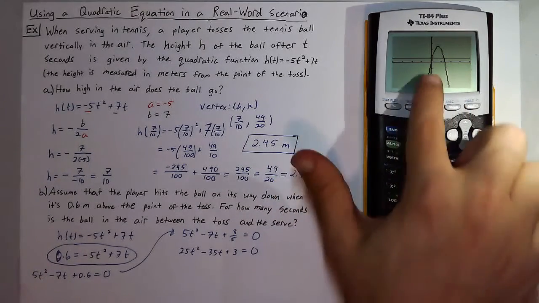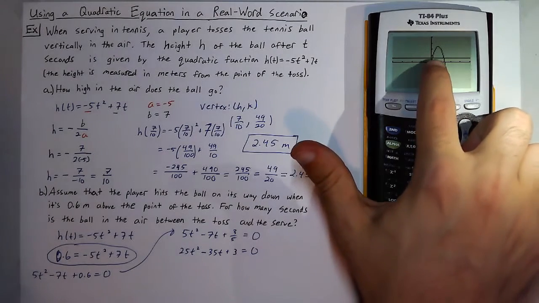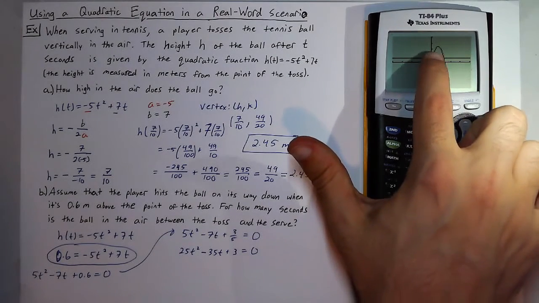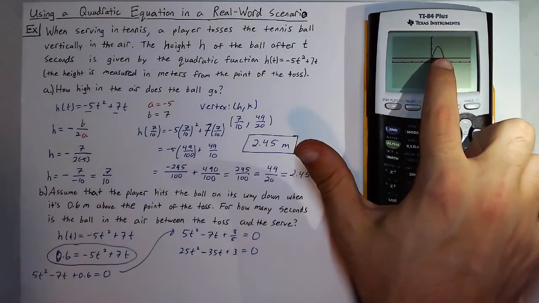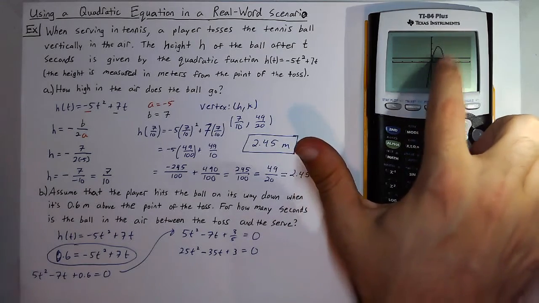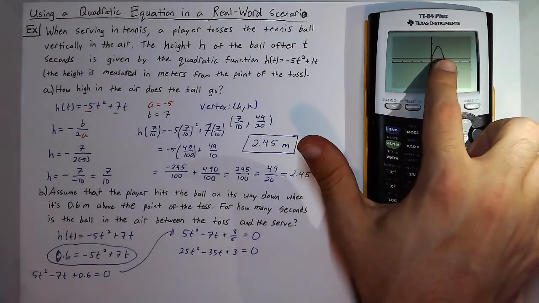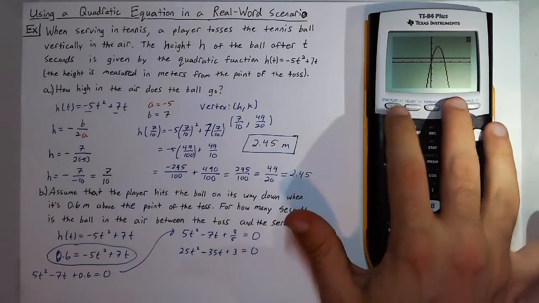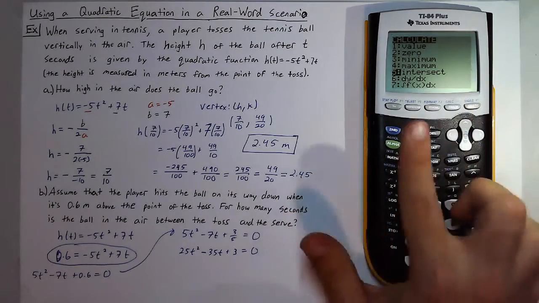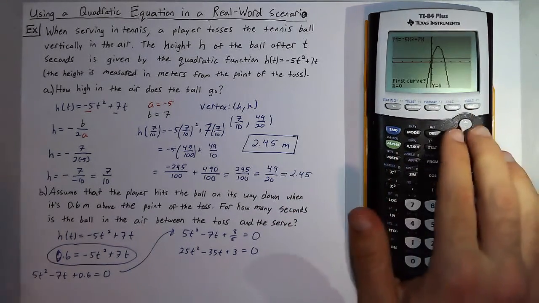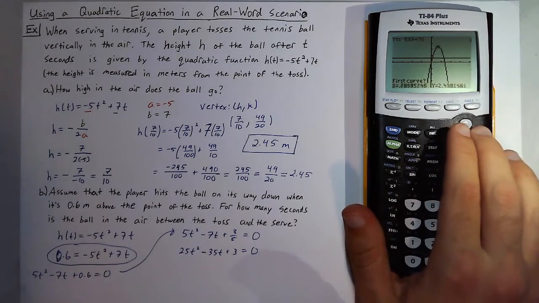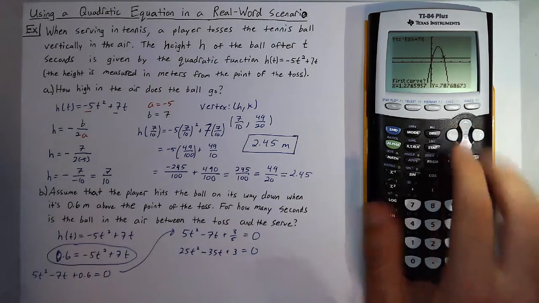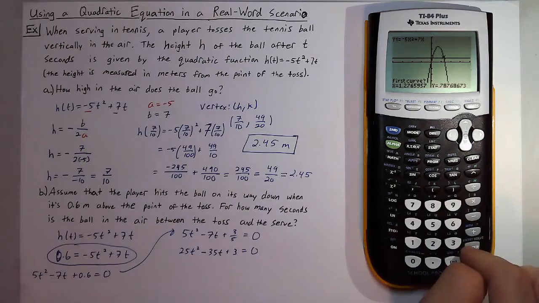So you'll see the tennis player tosses up in the air. It hits 0.6 for a little bit. It goes up to its highest point and then back down. And I want to know where those two lines intersect. If I hit second trace, I can go to intersect, which is the fifth option. On the first curve, the parabola, I'm going to move it near that intersection point that I want to figure out, the second one, which is on the way down.